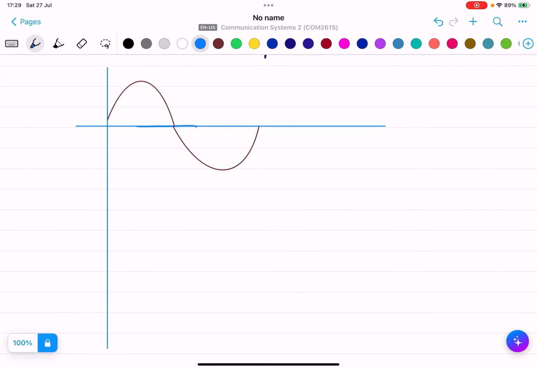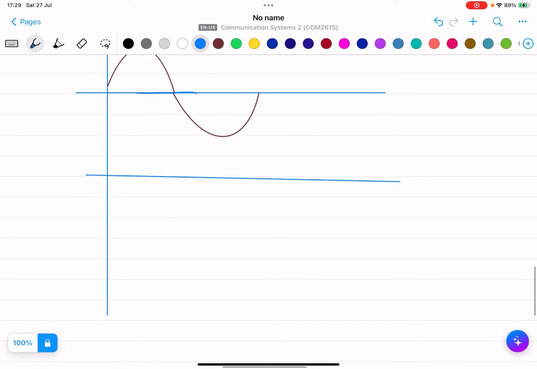Second, you need a pulse, which I am drawing here.